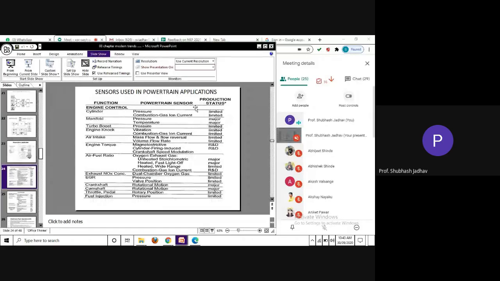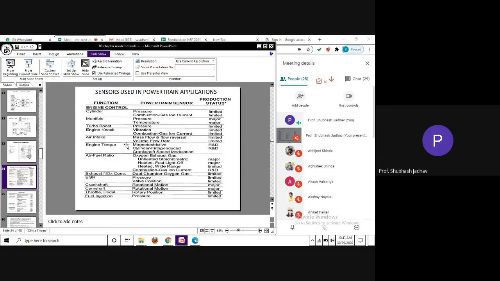So here are some powertrain related sensors. With respect to the cylinder there is a pressure sensor and a combustion sensor. In the manifold we have a pressure and a temperature sensor. In the turbocharger we have a pressure sensor. In the engine there is a NOx sensor. In the air intake system we have a mass flow sensor.